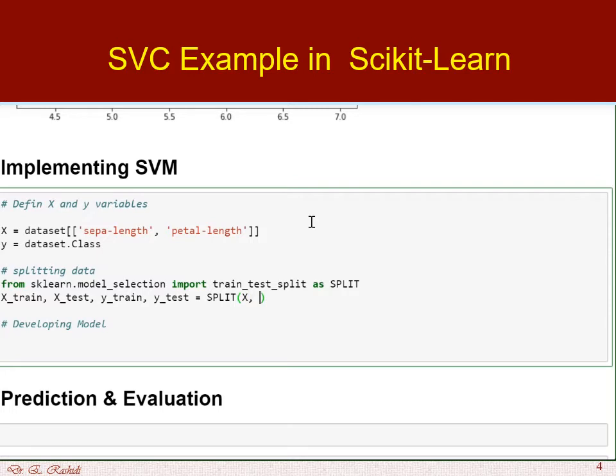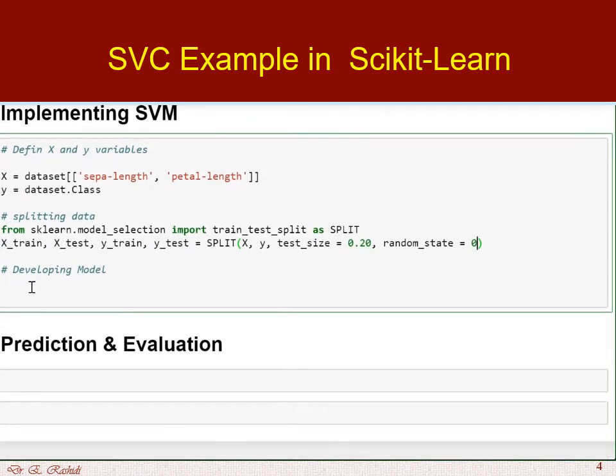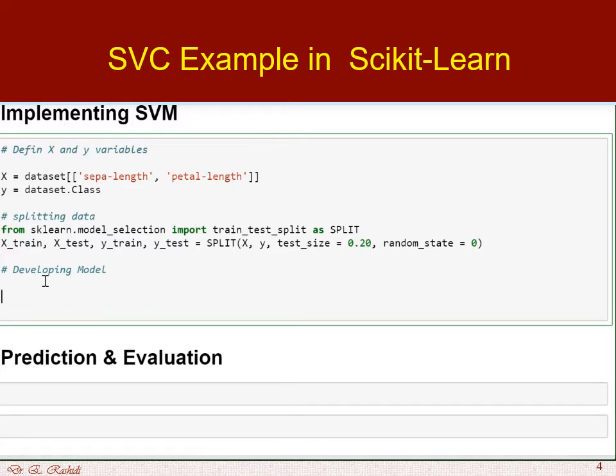And then we're going to give it the X and Y. And also the test size, for example, we can specify to be 20%. That means that we're going to have 80% for training and 20% for testing. And the random state, we're going to also set it up so we would all get the same output. So I'm going to initiate it with 0. All right, so now we have our training data and test data.